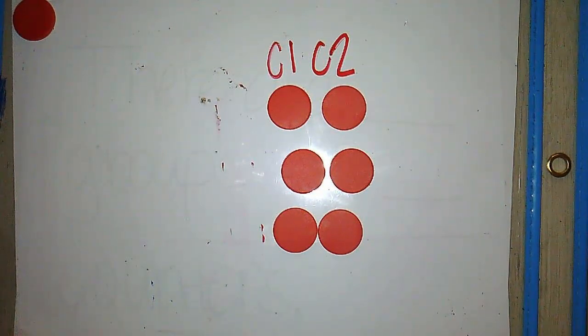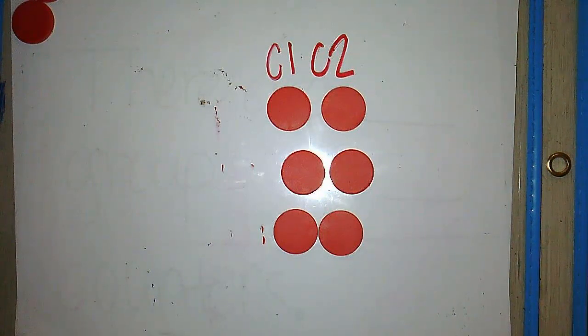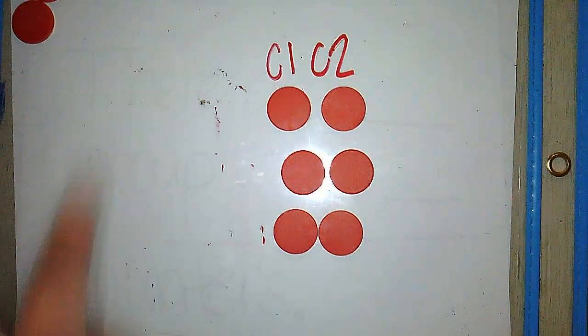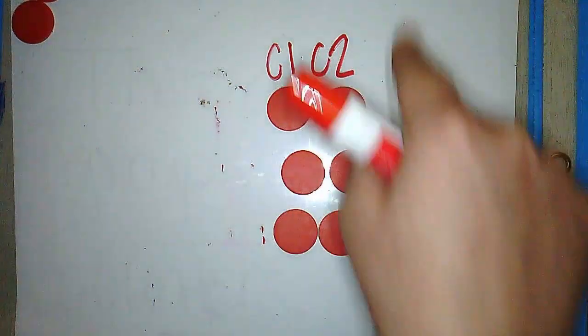Yes, 3. How many columns? Yes, 2. How many counters are there in the array all together? Yes, 6. There are 3 in one column and 3 in the other column.